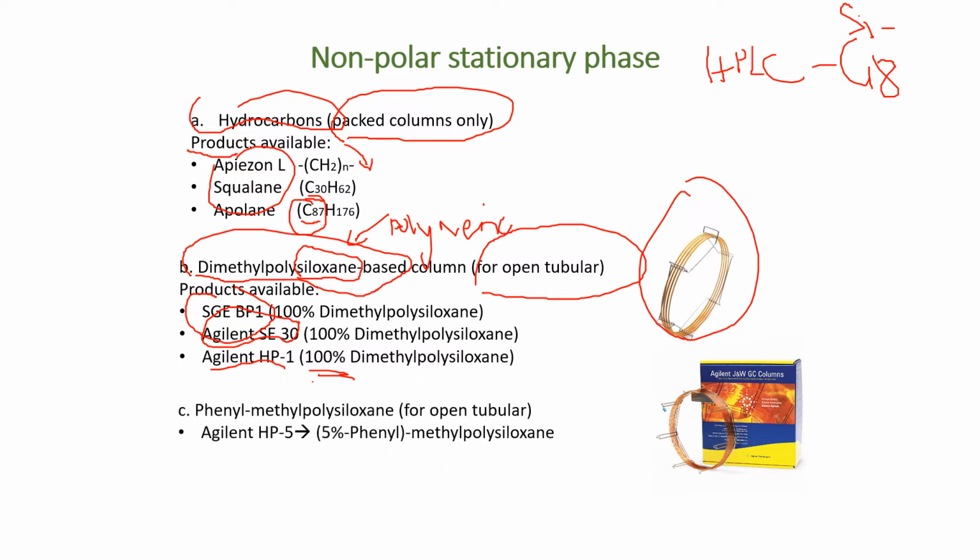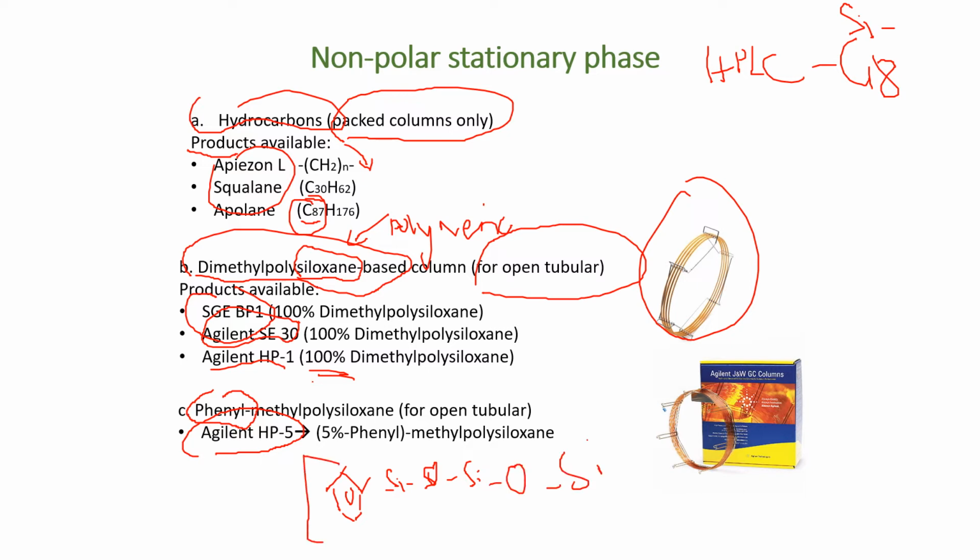If you want to introduce some aromatic into the methyl polysiloxane, we call it Agilent HP5, meaning that we have the phenyl inside the siloxane backbone.